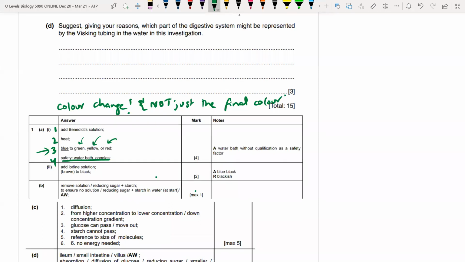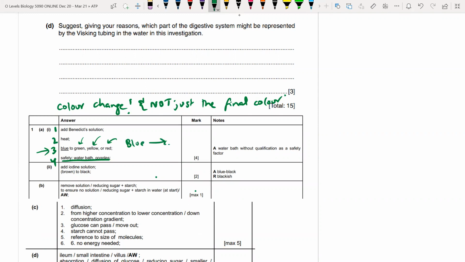It has to be blue, then to green, either yellow, orange, whatever the case is, anything should be acceptable. ठीक है? So the reason why he has underlined blue is because it's important that you tell the color change, which is from blue to whatever the case is.